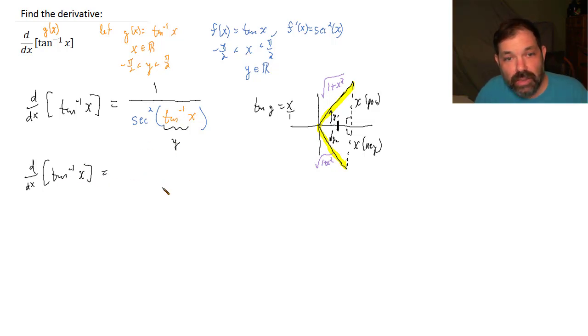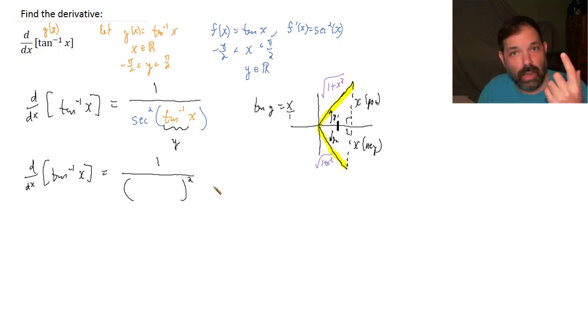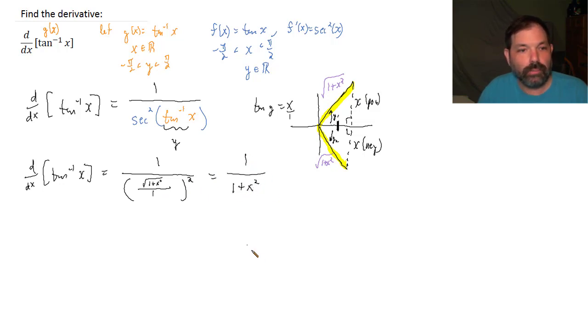So we have to find the secant of y and square it. Now recall that the secant is the reciprocal of the cosine. So I'd have 1 over the secant square. And the secant would be the hypotenuse over the adjacent. So that would be the square root of 1 plus x squared over 1 squared. And when we simplify this, that would just be 1 over 1 plus x squared.